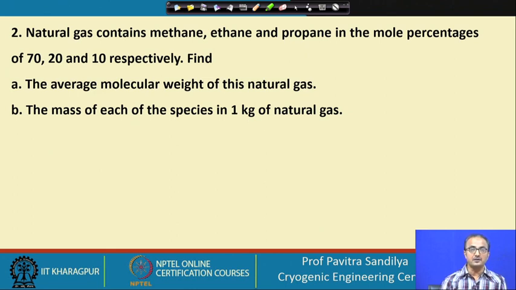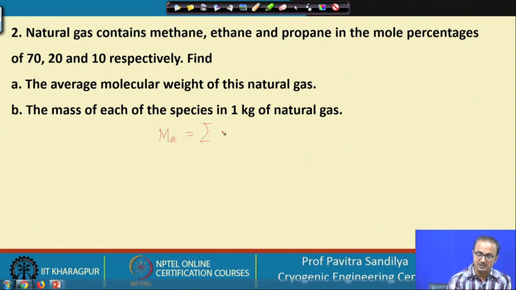First, let us go to the first problem, average molecular weight of the natural gas. Let us see how to do it. The definition of the average molecular weight Ma was given as the summation of yi into Mi.